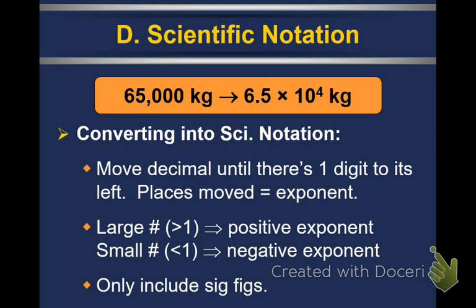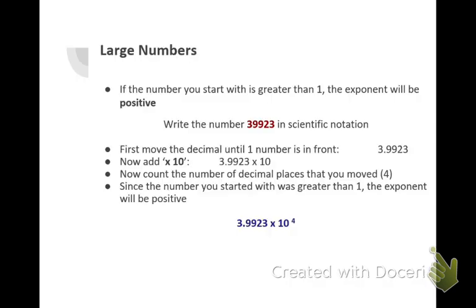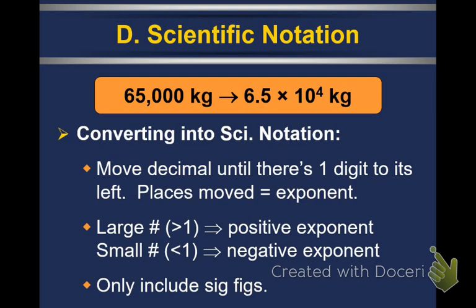So if I give the example of, let's go back. If I said 6.02 times 10 to the 23rd, how many sig figs are in that term? 3, right?